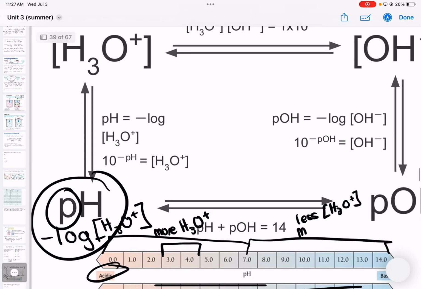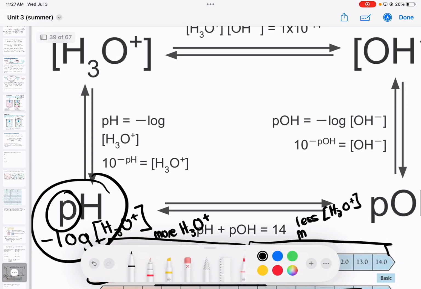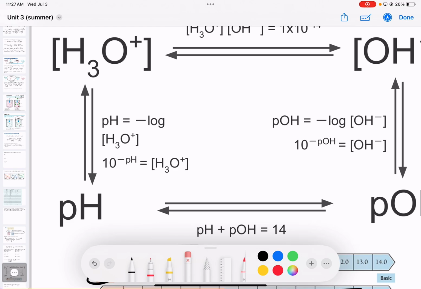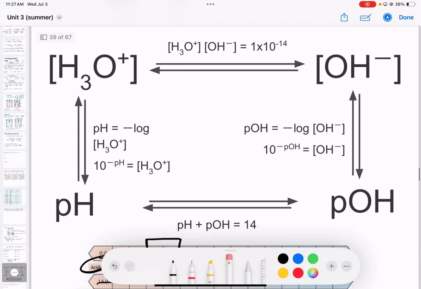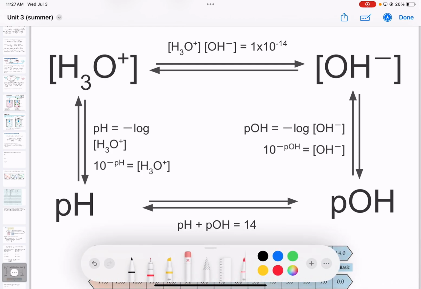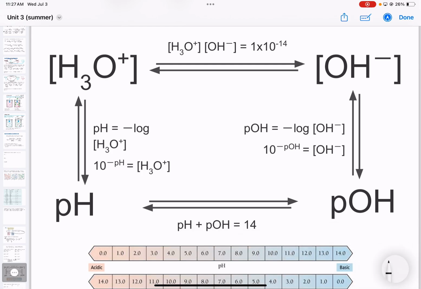Okay, so we've summarized 2 of these calculations, I think. This little chart is mine, it's not in your book. This is how to get between all of the different ways we express acid-base numbers. So the ones we just talked about are pH and H3O plus.